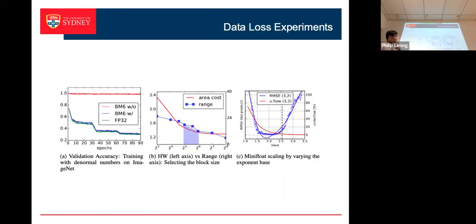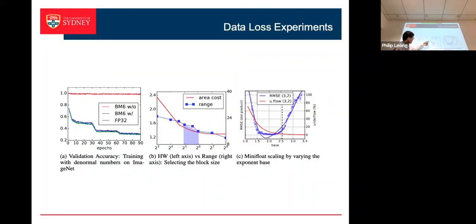Here, this shows the trade-offs that we get in selecting the block size. Block Minifloats are only efficient if you can have relatively large block sizes. If you have small block sizes, then it becomes a number system similar to floating point. So the red line here is the area versus the block size.